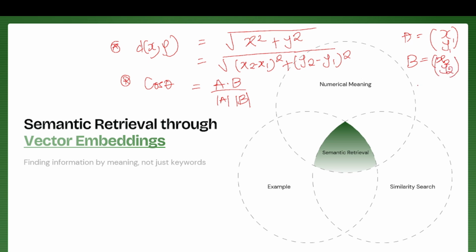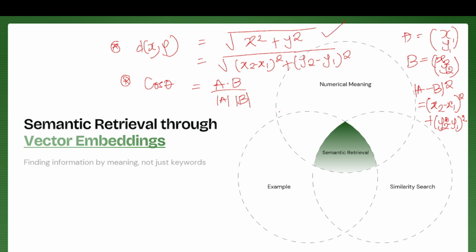So they are both vectors, and the magnitude of AB squared is (x2 minus x1) squared plus (y2 minus y1) squared. If you take the square root, it is still the same thing as this.